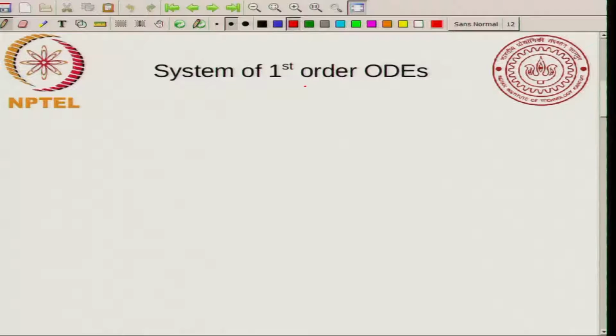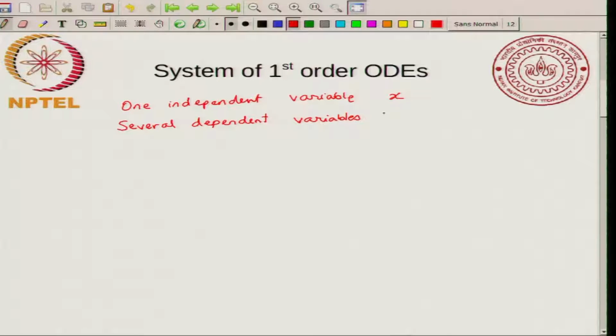So, the idea is the following: suppose you have one independent variable, let me call it x, and you have several dependent variables y1, y2, y3, etc. Then your system of first order differential equations looks something like this.